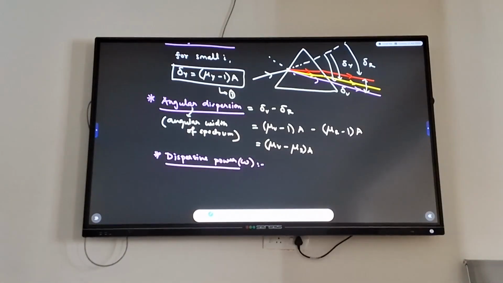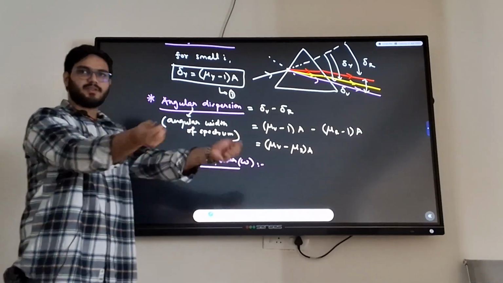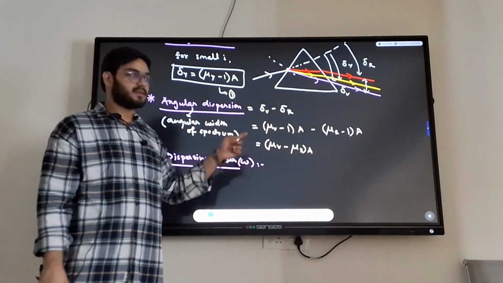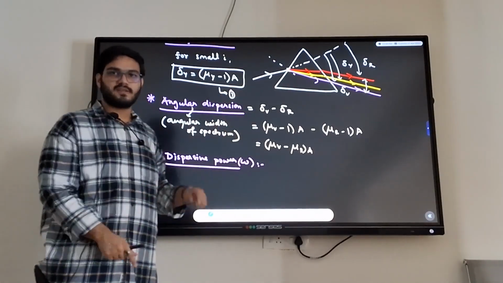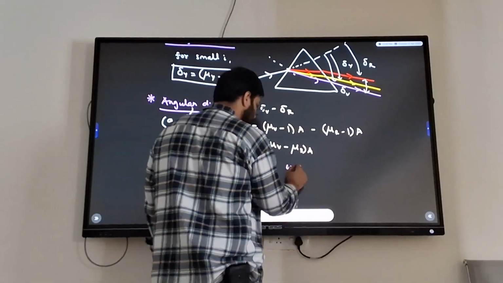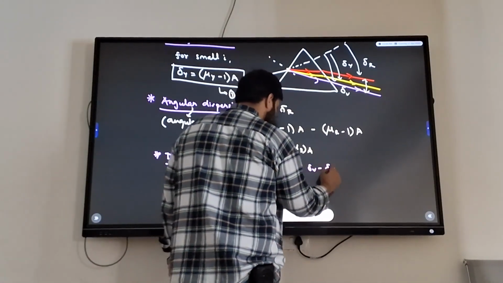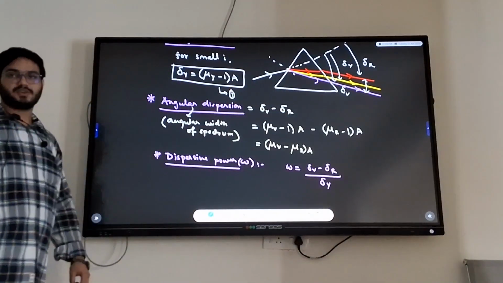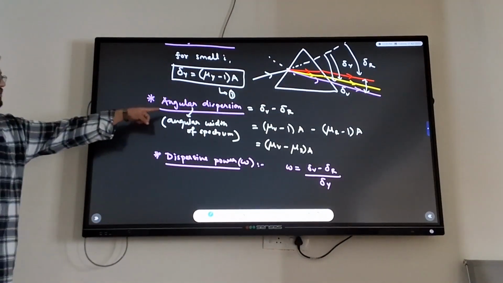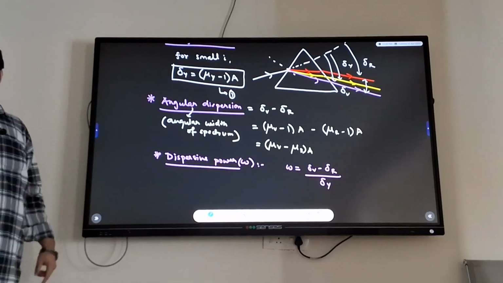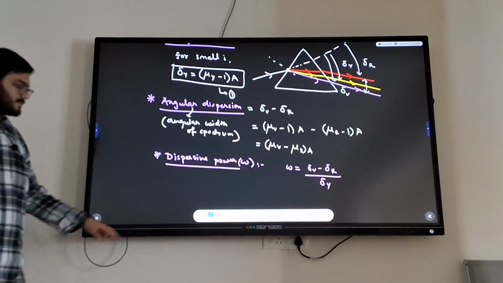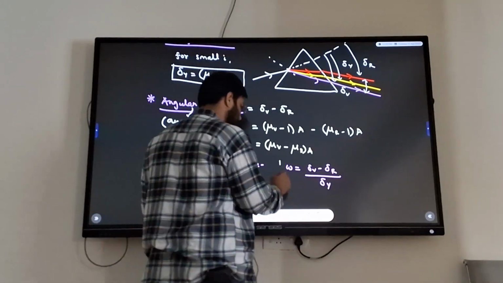Omega is defined as how much angular width you can give relative to the average deviation. Omega is defined to be delta V minus delta R by delta yellow. It's the ratio of angular dispersion divided by average deviation. Okay? This is how we define the ratio.